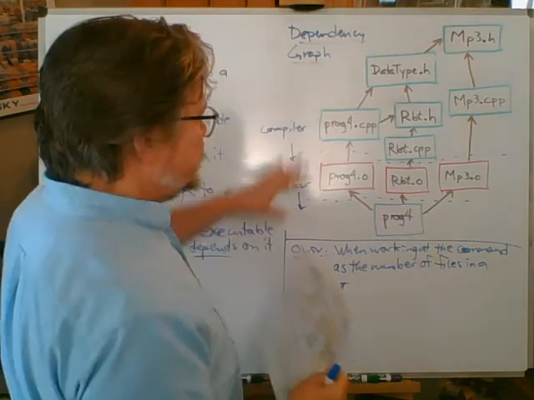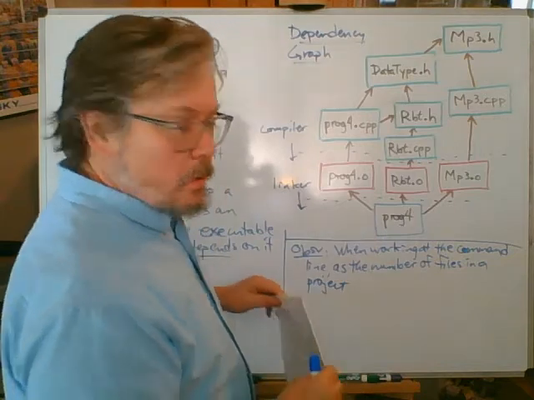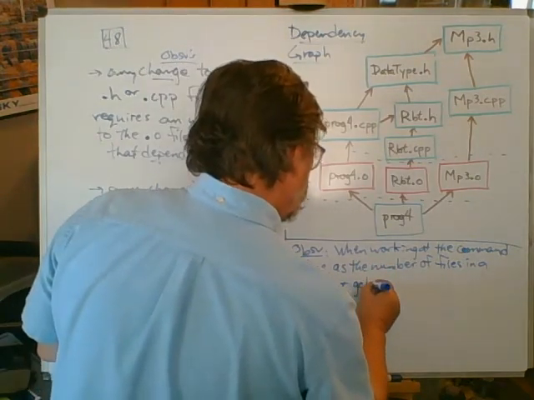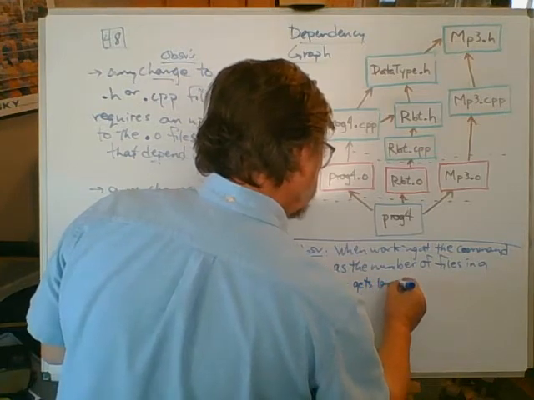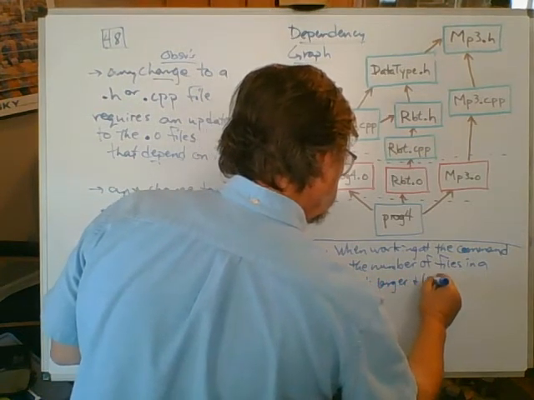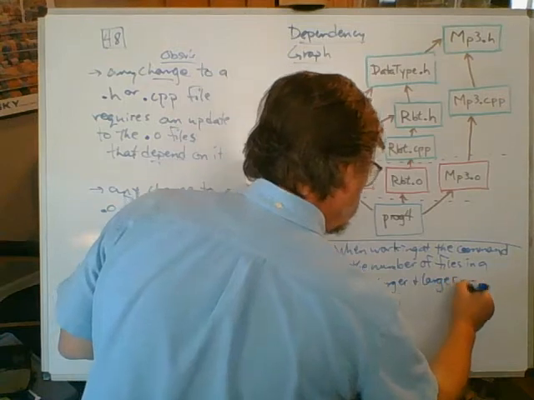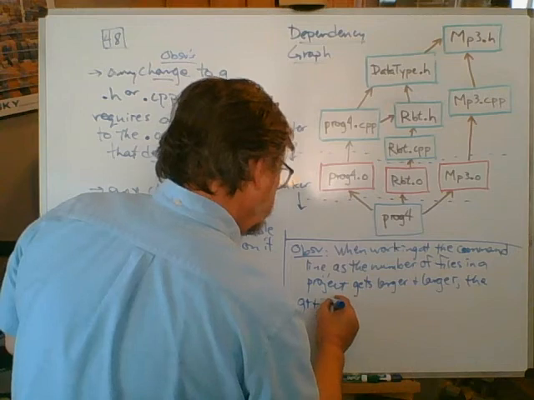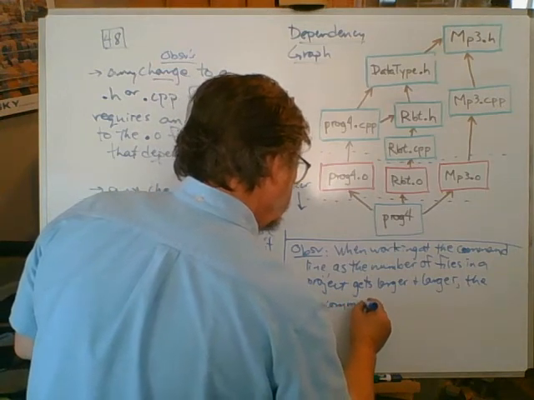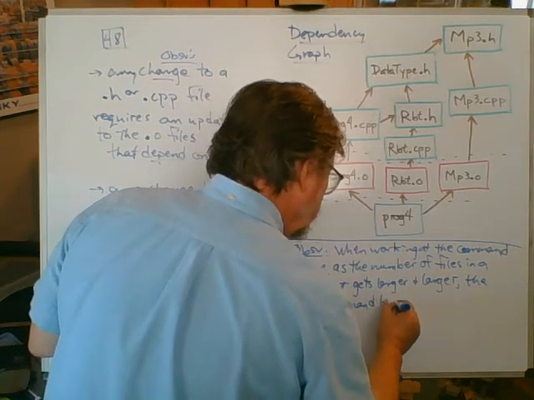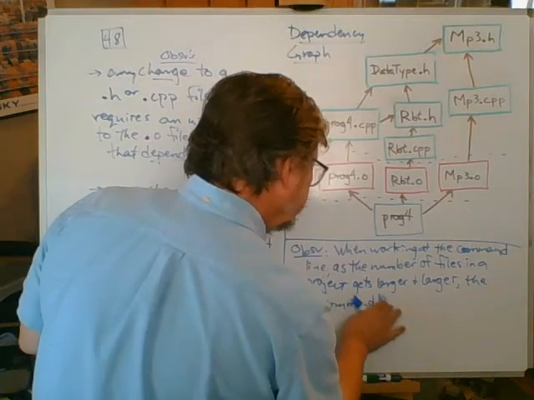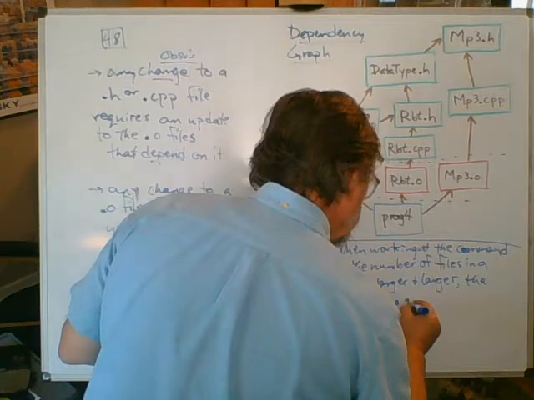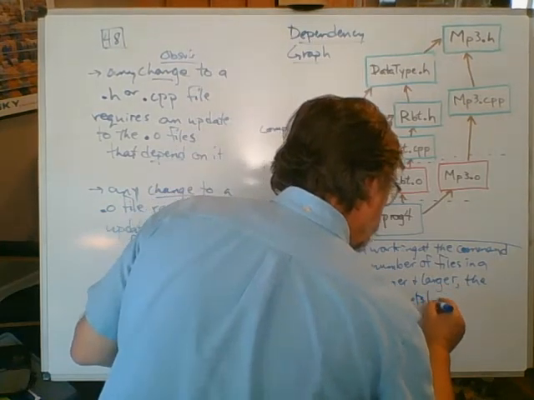the files in the project are these green boxes up here, the source code files that you need. As the number of files in a project gets larger and larger, what I'll call the G++ command also gets larger and larger and more complicated.